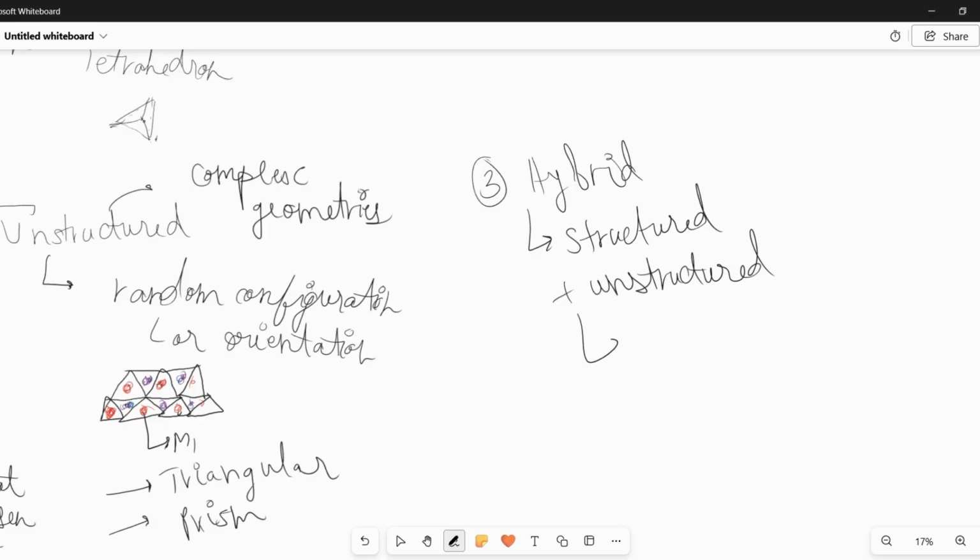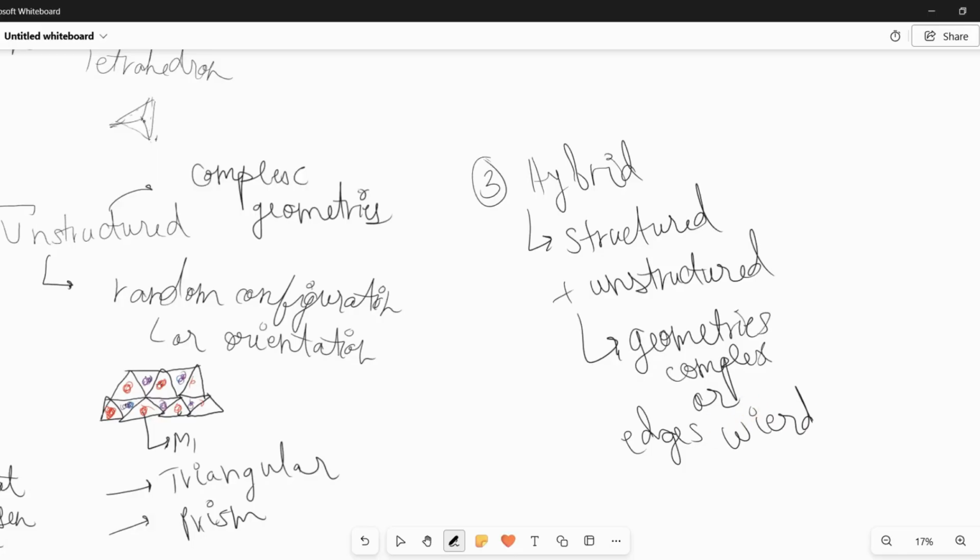This is again when your geometry gets complex, or when your edges are kind of weird, then you use your hybrid, right?